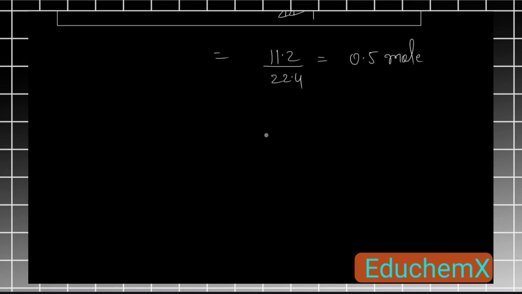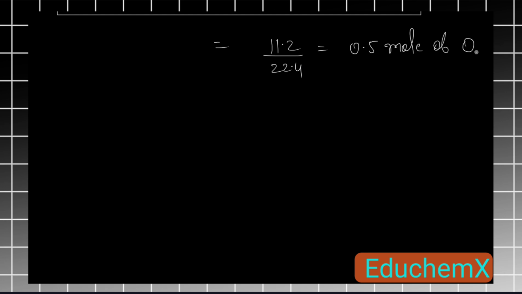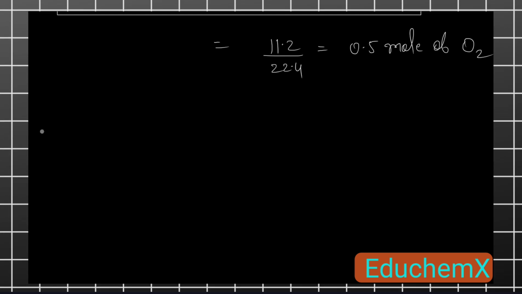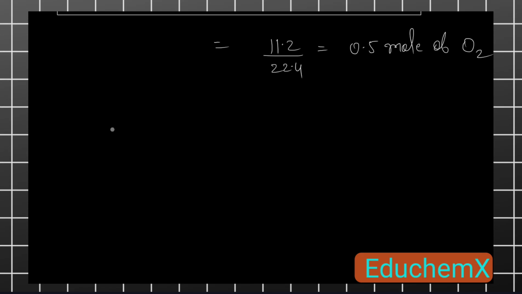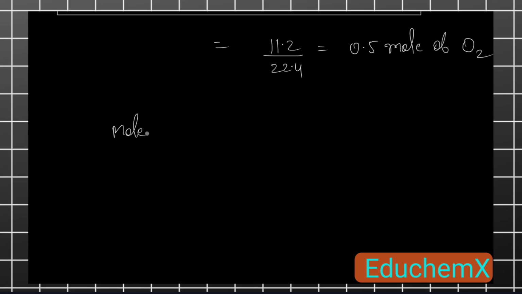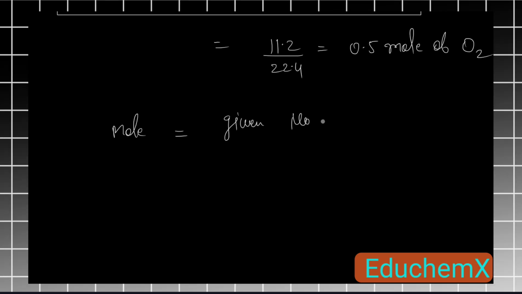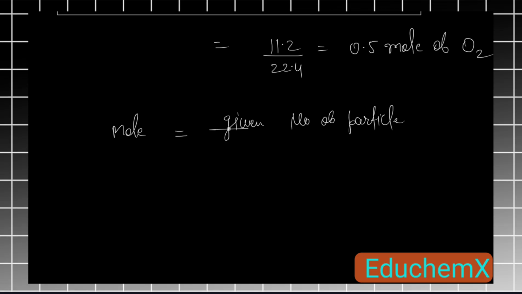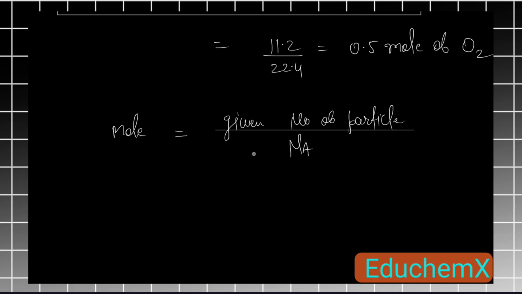Now if it is asking regarding the number of oxygen atoms, then what will you do? You will go through the formulas we have discussed: if you know the moles, you can find the number of particles. We talked about moles equal to the given number of particles divided by the Avogadro number.